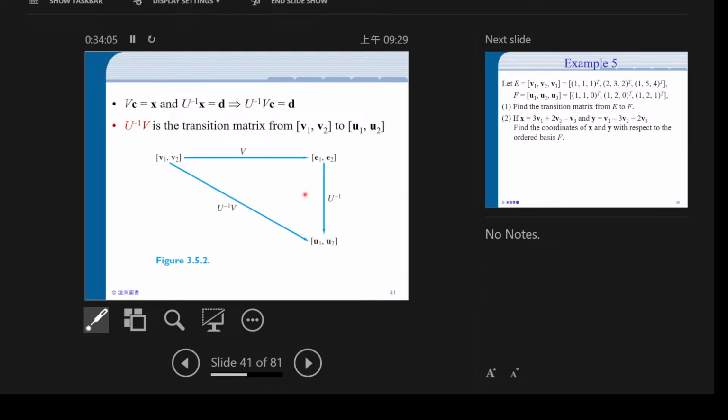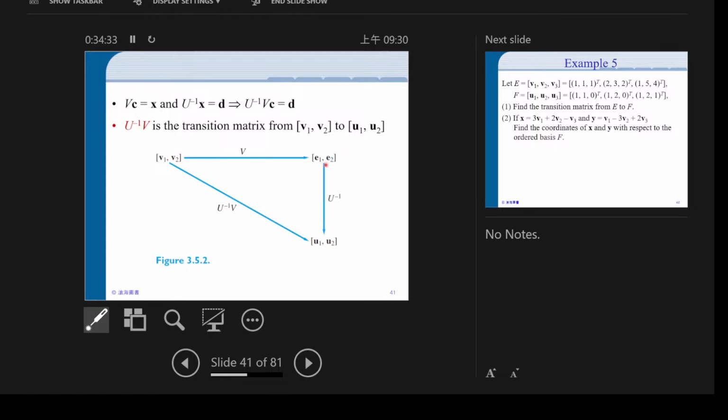Anyway, that's the idea, and you can think about this in another way, which is a bit more general. Think about there being a standard basis. When you have a change of basis matrix, you can think of V as a transition matrix from V to the standard basis, and U as a transition matrix from U to standard.